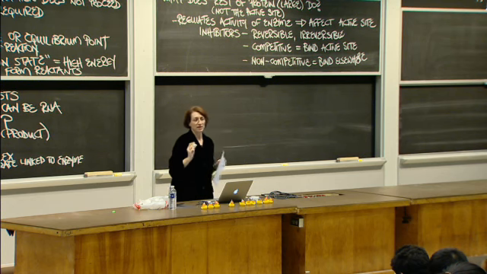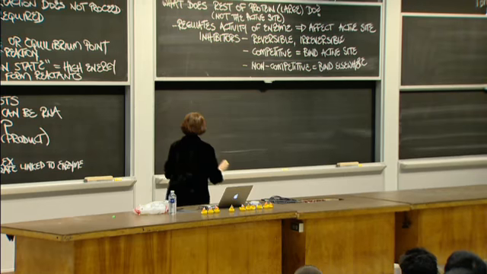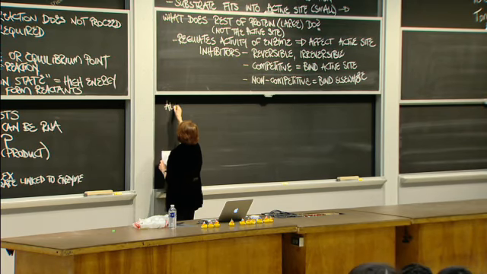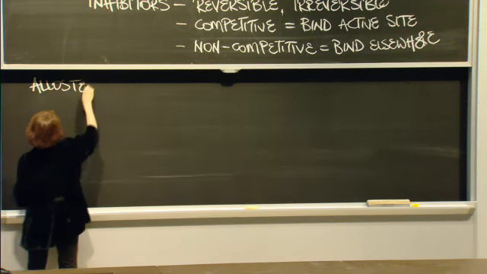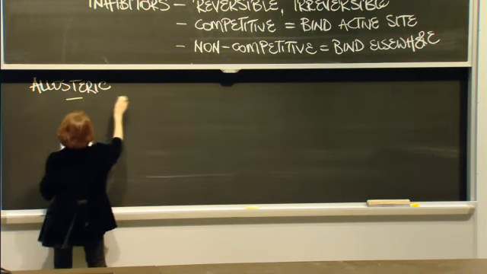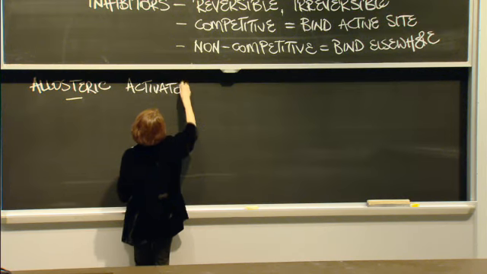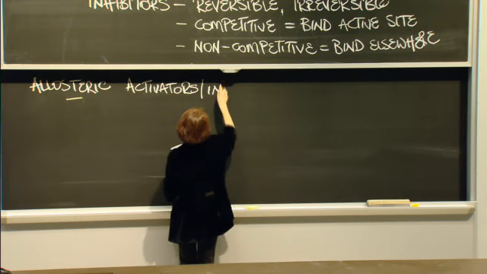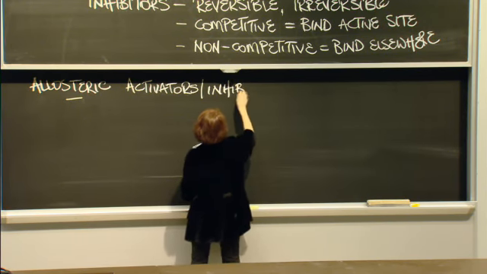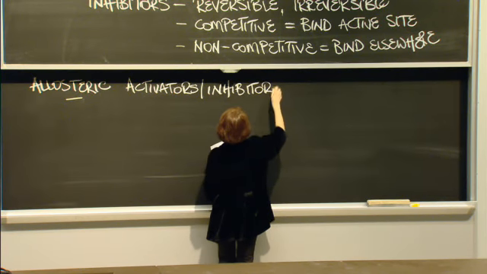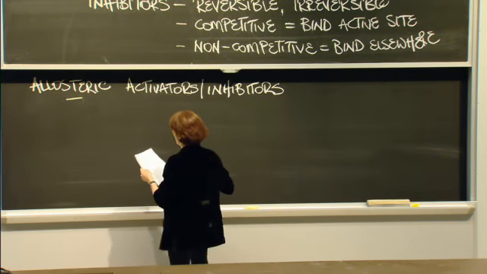There is also a very important and interesting class of enzyme regulators called allosteric regulators. There are both allosteric activators of enzyme function or inhibitors, things that will increase or decrease the rate of the reaction.